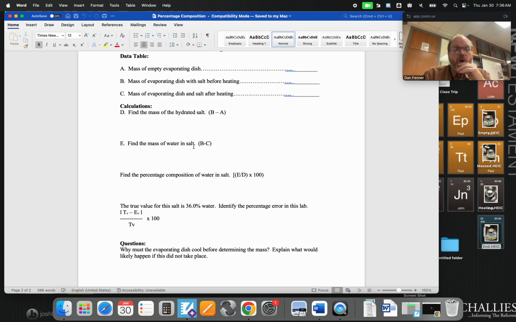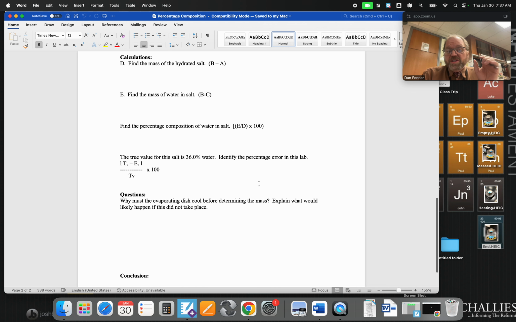Then for the mass of water, actually it should be C minus B. We're going to take B minus C, the preheated salt and the post-heated salt, and that difference is how much water was driven off. Then we'll divide them and multiply by 100.